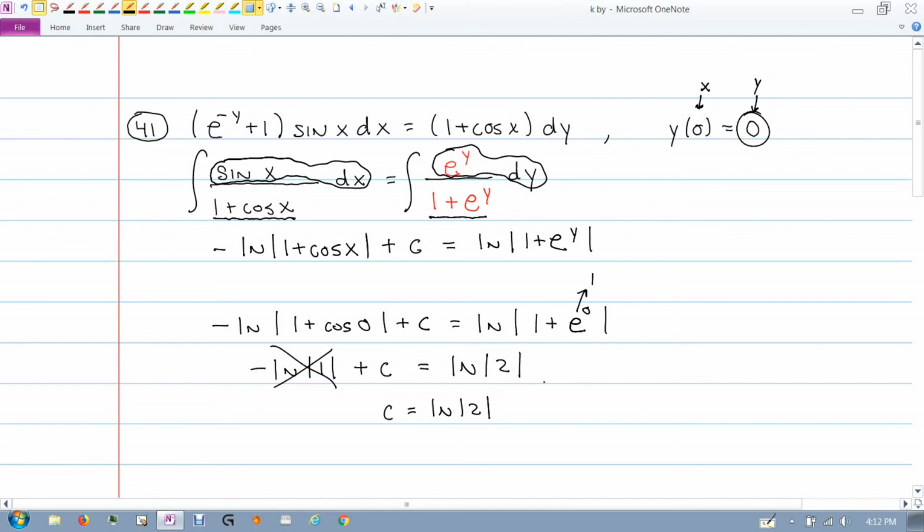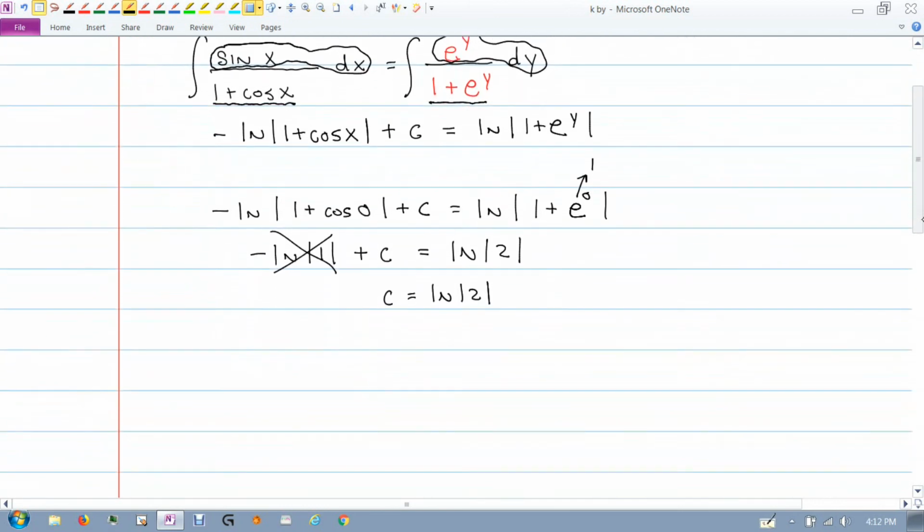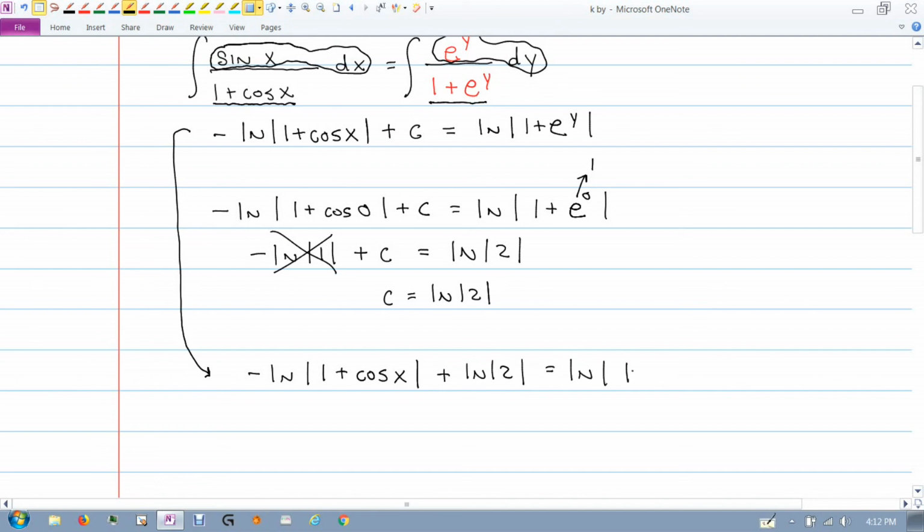Now, hold on. Yeah, okay, so that's good. So now what we're saying is that our solution, given that initial condition, is negative natural log 1 plus cosine x plus natural log 2 equals natural log of 1 plus e to the y.